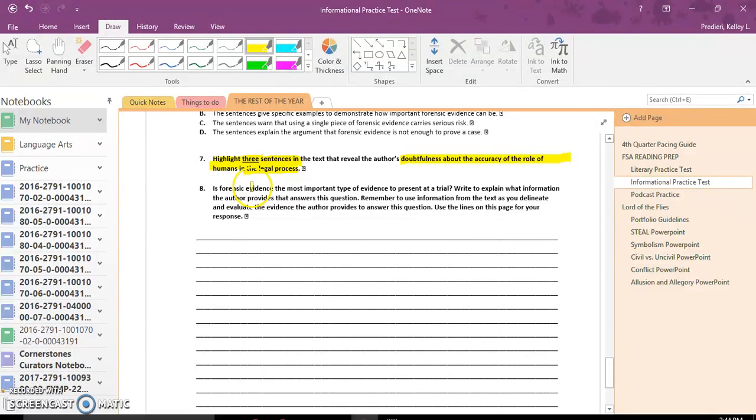Is forensic science the most important type of evidence to present at a trial? Write to explain what information the author provides that answers this question. Remember to use information from the text as you delineate and evaluate the evidence the author provides to answer this question. Use the lines on this page for your response. Or in our case, some of you should have probably written to the side.